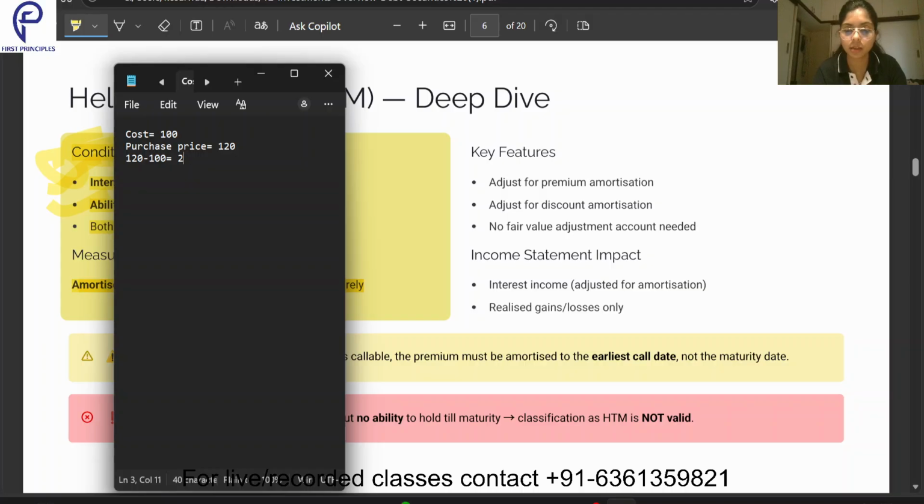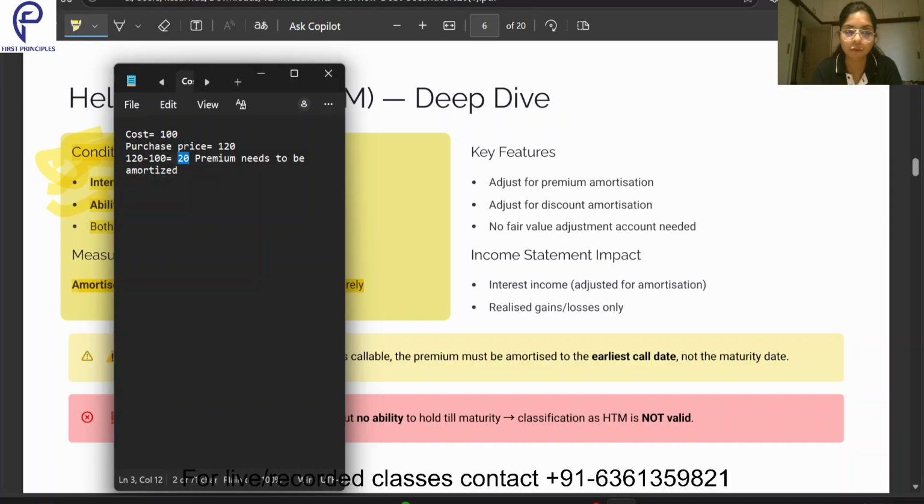This 20 is my premium amount, because I paid more than the value of that security. This premium needs to be amortized. So we record the security at 120, and this 20 we will amortize over the duration, so that it gets amortized in my income statement.